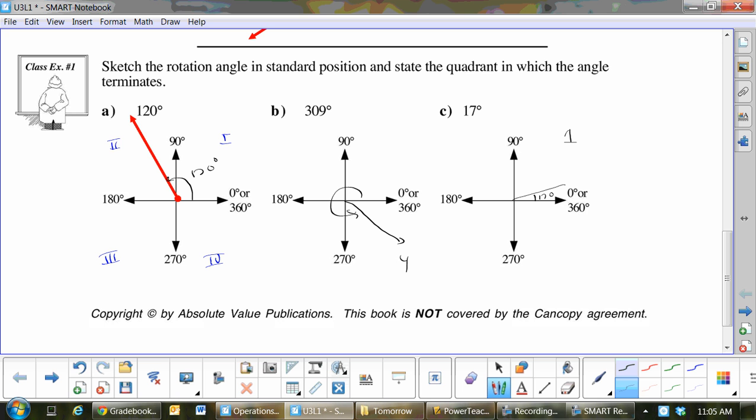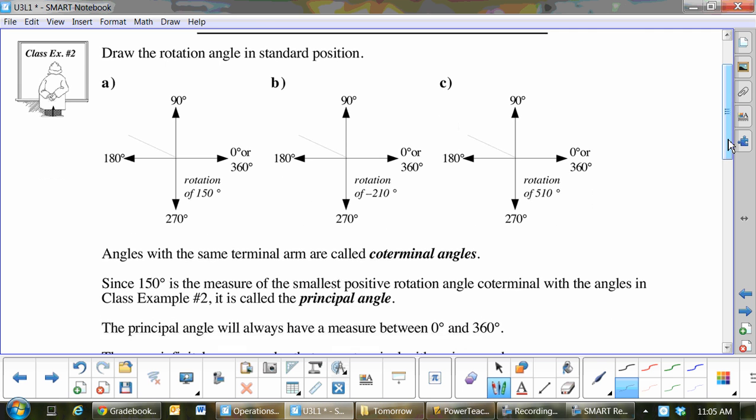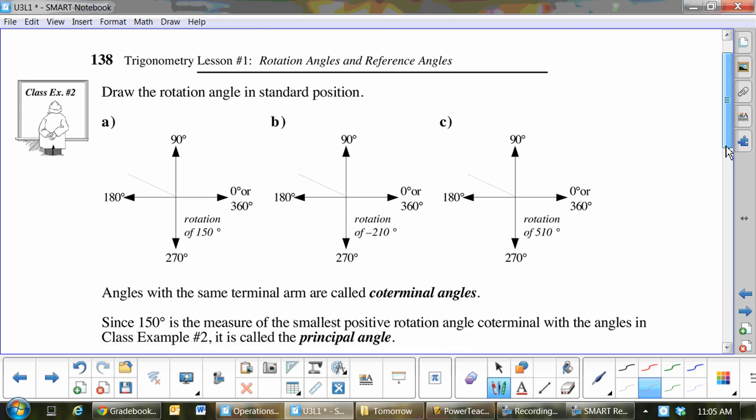Okay. Now, the next thing we're going to talk about is what we call coterminal angles. Now, obviously, do you see them there? Are they this, this, and this? Look at them. Are they the same angle? Yes.